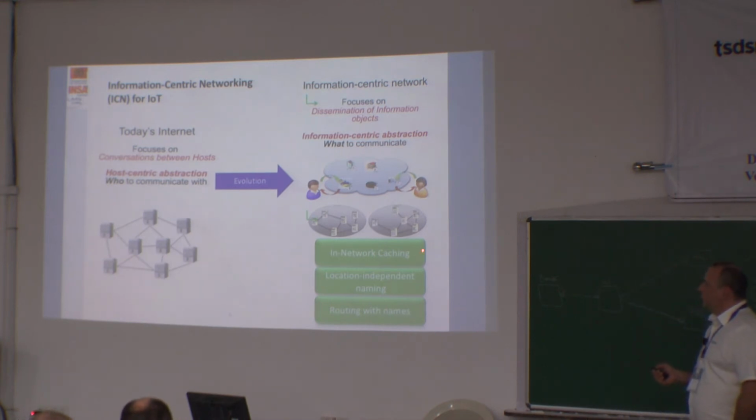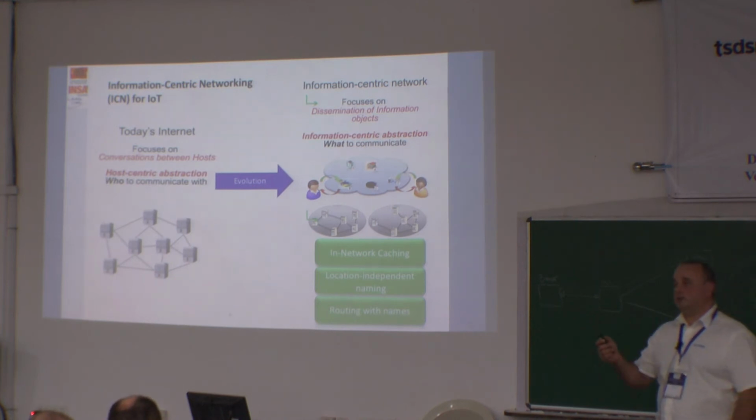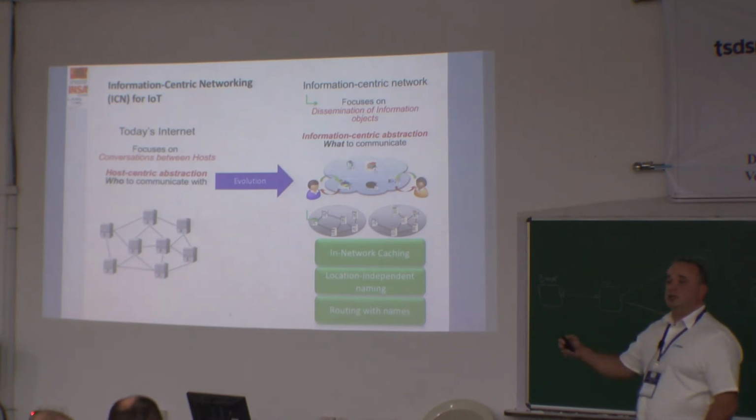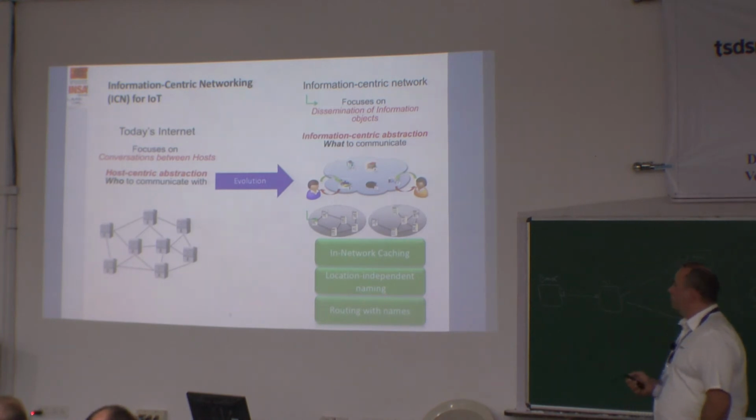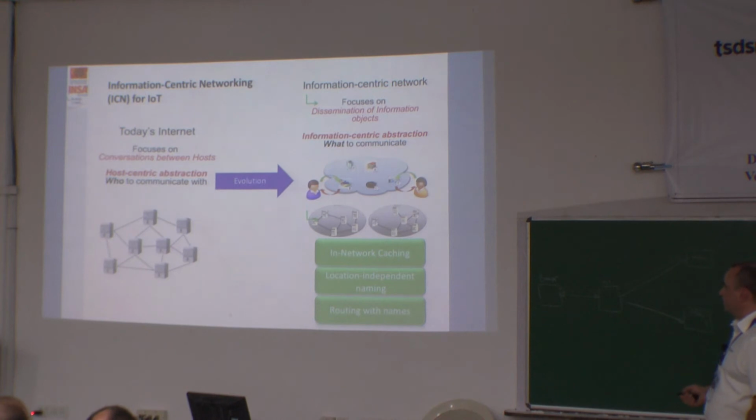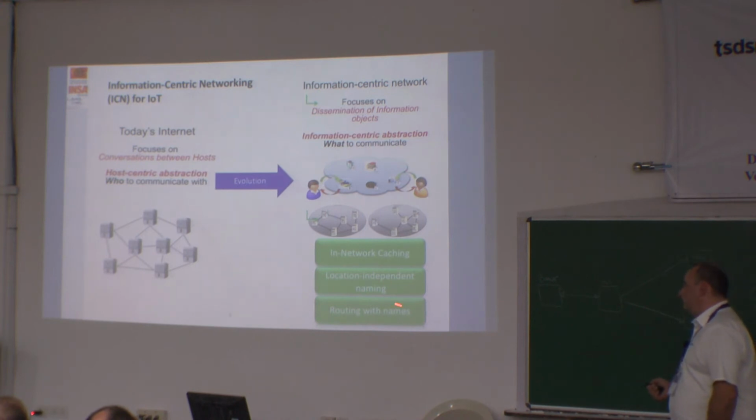You also need some caching inside the network. So when you make an interest, perhaps the information is just near you, near the first router in the network, or far away, and you can get this information directly from the network without making an interrogation on a server.